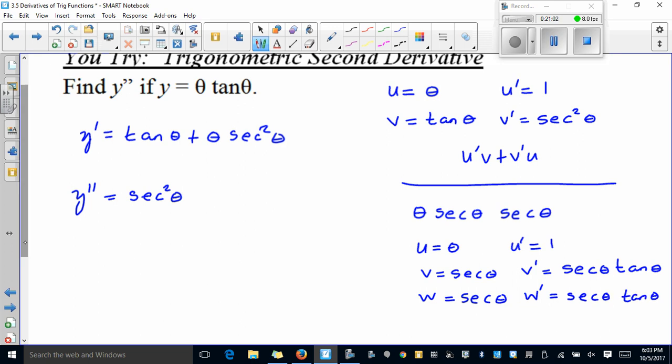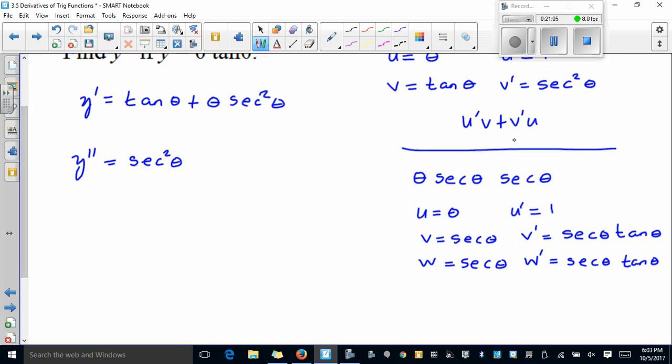But this time, instead of u prime v plus v prime u, you're going to have u prime vw plus v prime uw plus w prime uv. So anyways, each derivative with the other 2 functions. So u prime times these 2 is going to give me another secant squared. Then we'll place these 2 together.